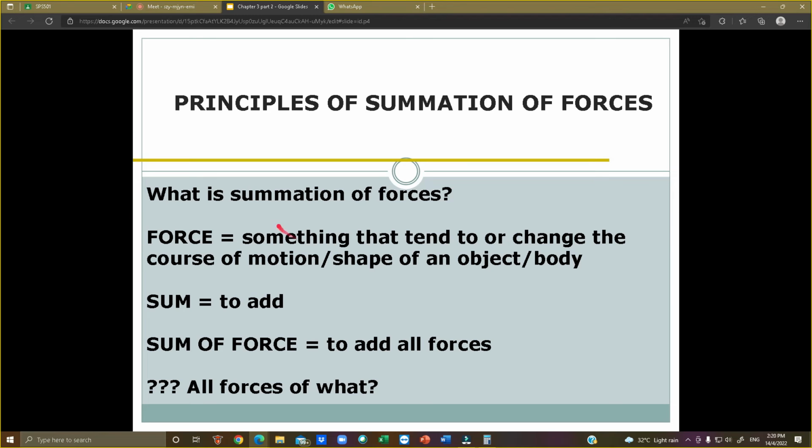Okay, so dia bagi dekat sini. Force is a force lah. Kita nak tengok konsep sum. To add, so how do we want to add force? We try to kick the ball, and how can we actually give more force than we can have from the leg sahaja. Itu maksud summation of force.